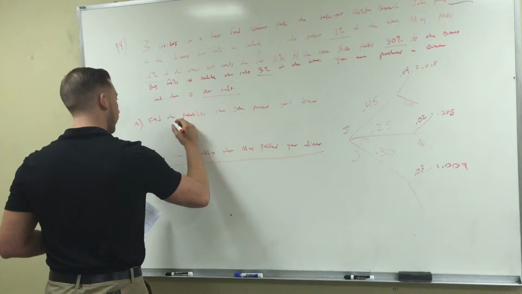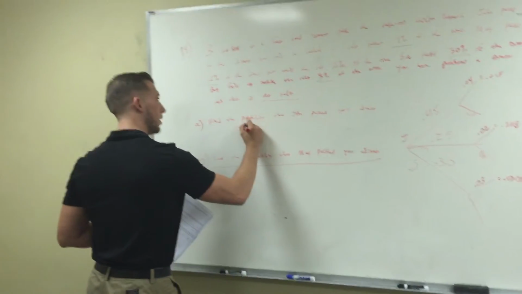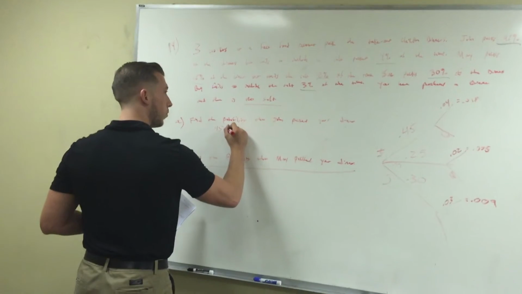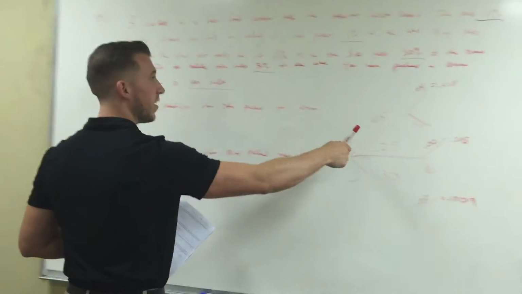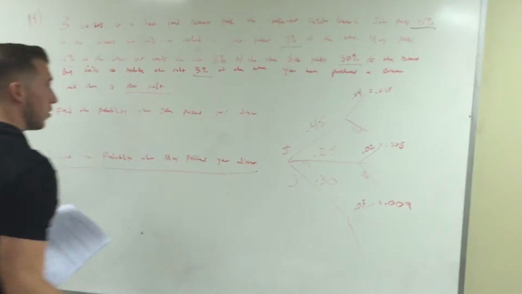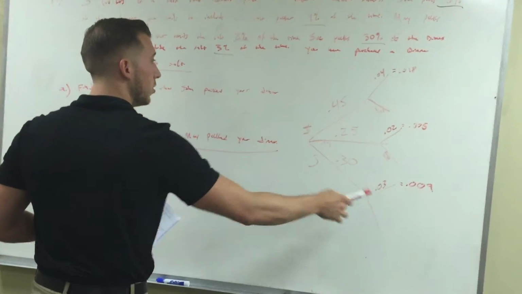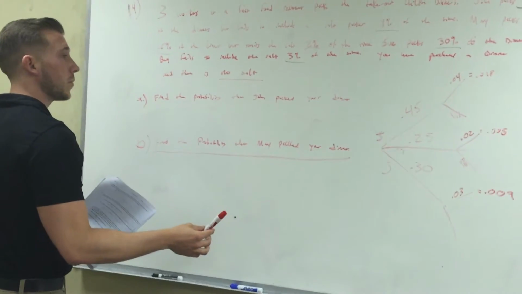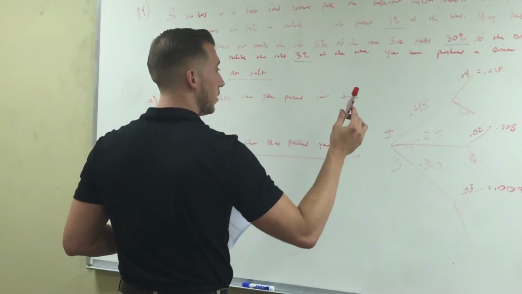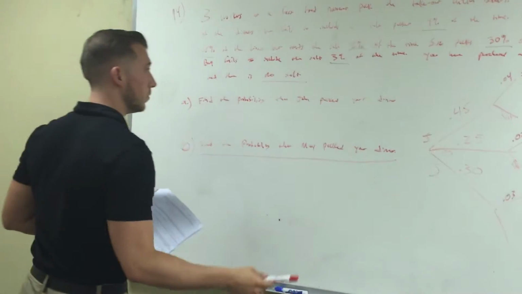So 0.45 times 0.04 gives us 0.018. We do that for each of these people to find the percentage of time that their meals don't have salt in them.